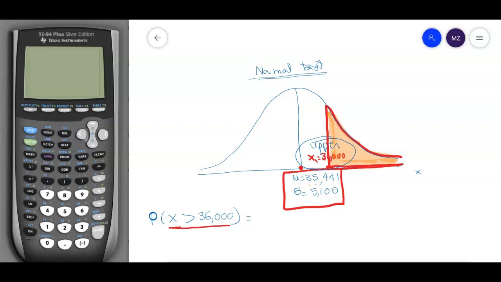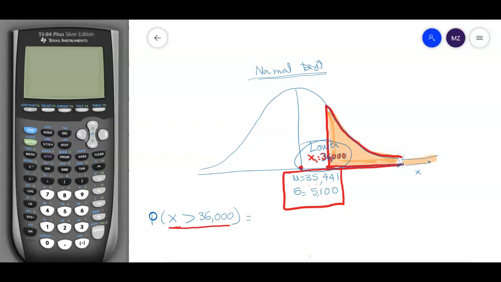So let me redo it. My lower bound is this one, the 36,000. My upper bound is wherever this keeps going, to infinity.